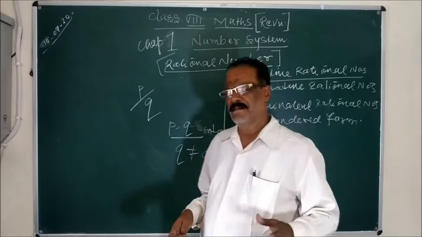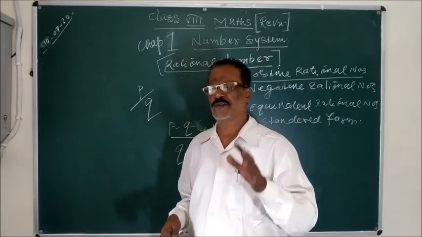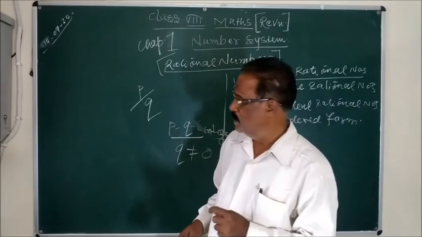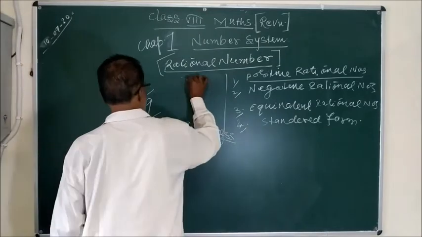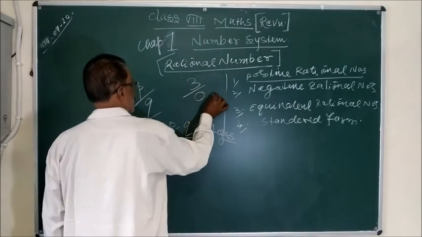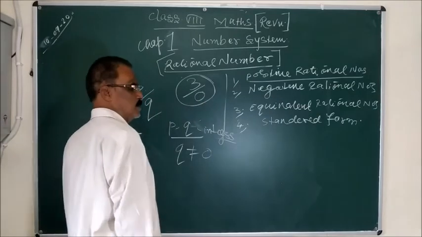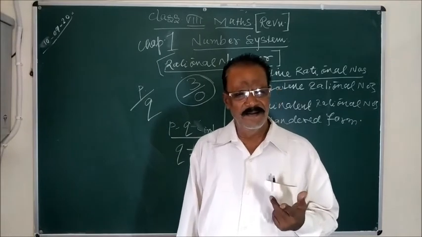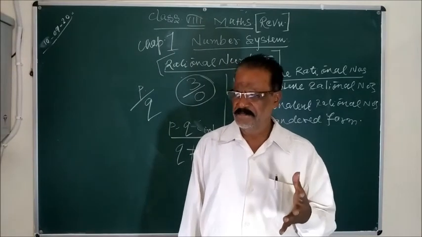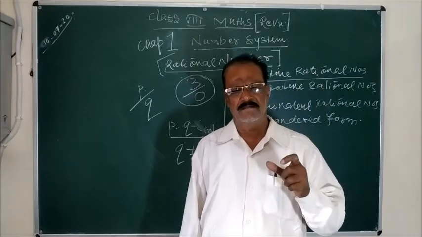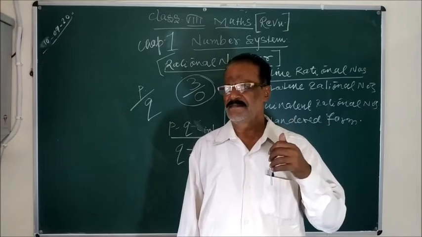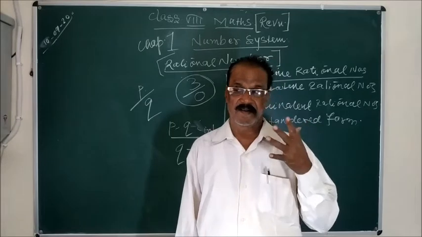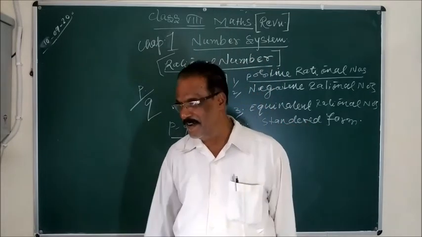बोले सर क्यों? Why should q not be equal to 0? Because in any fraction, if the denominator is 0, 3 by 0, 5 by 0, 6 by 0, 100 by 0, in mathematics, no value, that is called indefinite. बोले क्यों नहीं निकालें सर? अब ये तो पूछना पड़ेगा.